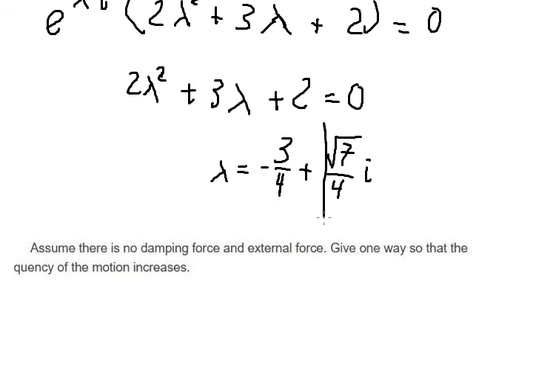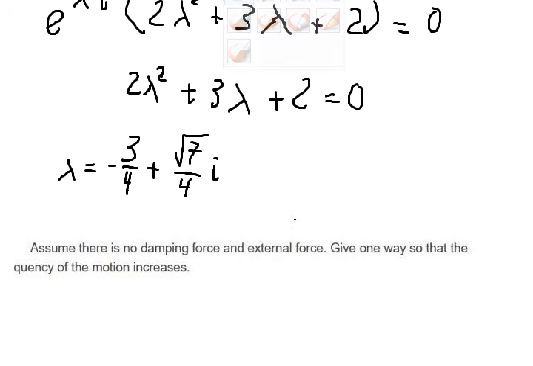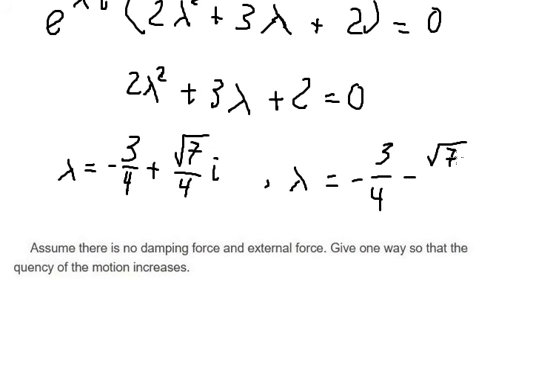That is about the complex number in here. And the second one, we have lambda equals negative 3 over 4 minus the square root of 7 over 4 i.